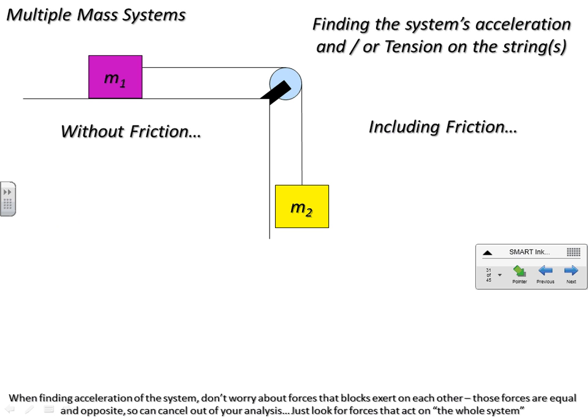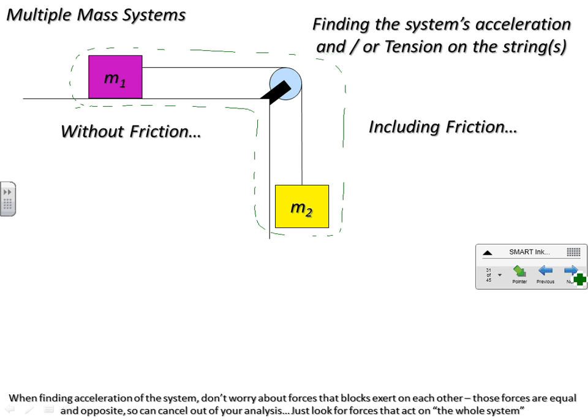Now here, this is one we talked about sort of in class, all right, but introduces some different concepts. Now, finding the system's acceleration. Well, again, the system, right? System means this. Let's take all the stuff inside the box and say, well, what acts on that stuff inside the box?